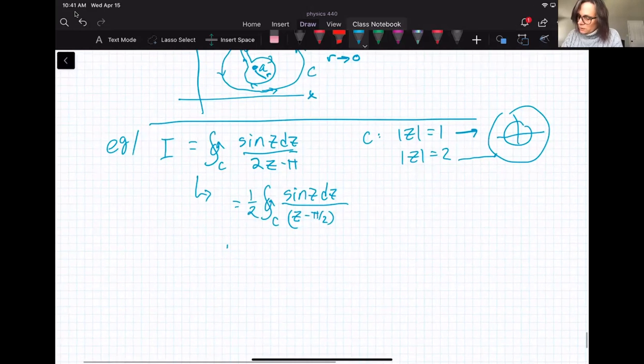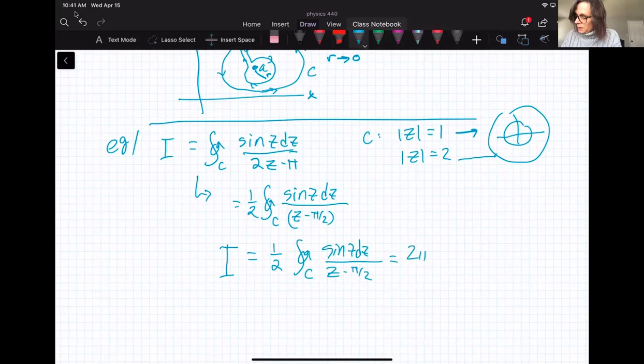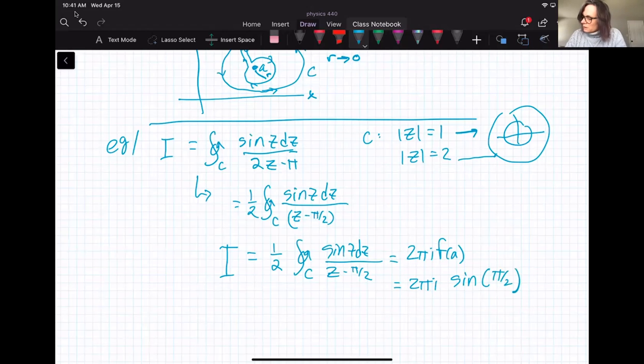If we choose our contour carefully, then this integral is equal to 1/2 times the contour integral of sine z dz over z minus pi halves. That's equal to 2 pi i times the function evaluated at the point A. The point A is basically where this function blows up. So that's equal to 2 pi i times sine of pi halves, right?